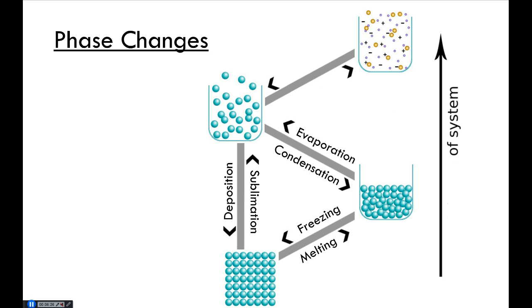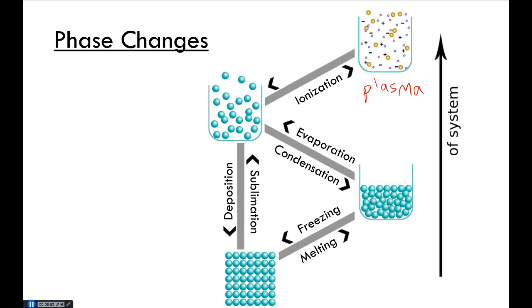We got kind of this weird looking picture up at the top. This is our fourth phase of matter. Plasma. We won't be discussing plasma too much in this class. It's kind of more of an advanced topic, but it's worth talking about for a little while. If you take gas and you ionize it, in other words, turn it into its positive and negative particles, you will produce plasma. And this happens like when lightning strikes.